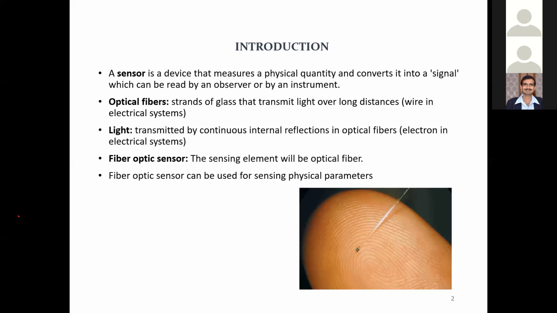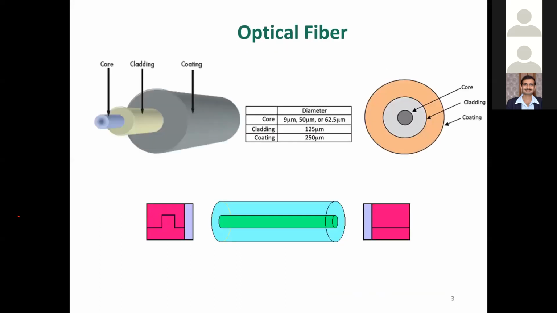When we use the optical fiber, we essentially use light as a signal. Light is transmitted by continuous internal reflection in optical fibers. A fiber optic sensor is a sensing element, and that sensing element is the optical fiber. It can be used for sensing many physical parameters, as I will explain in the coming slides.